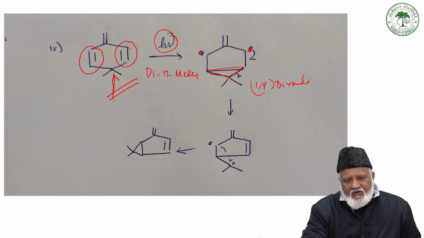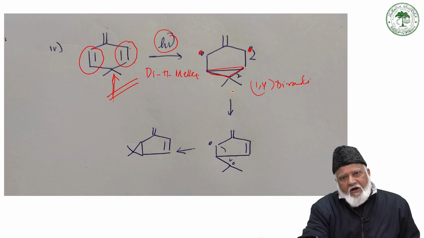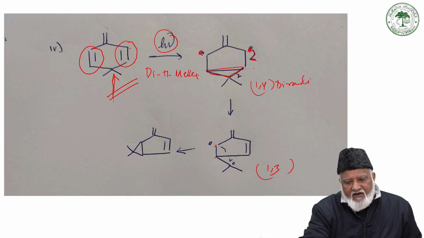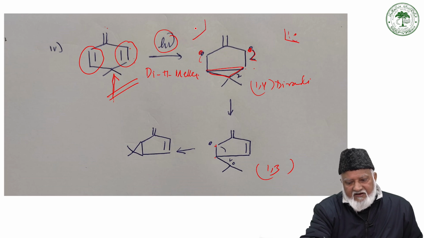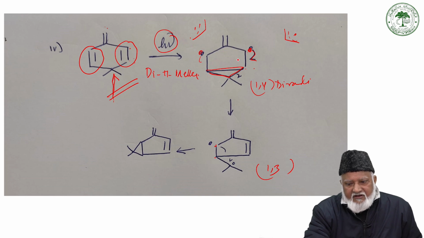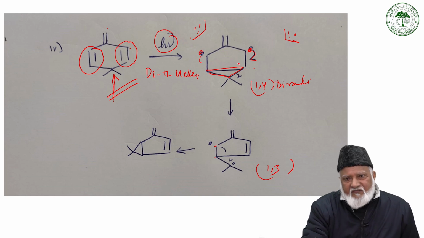The cyclopropane ring is first formed and then opens up to give a new 1,3 diradical species. Whether you form a double bond here or here is symmetrical, because this radical is stabilized by this double bond, and this radical is also stabilized. So both the radicals are symmetrically stabilized, and you can cleave any one of these.